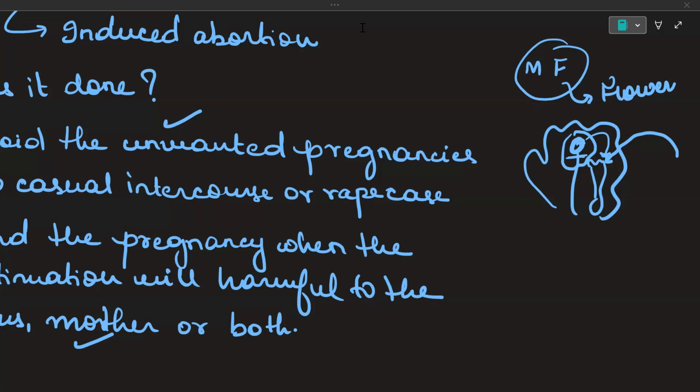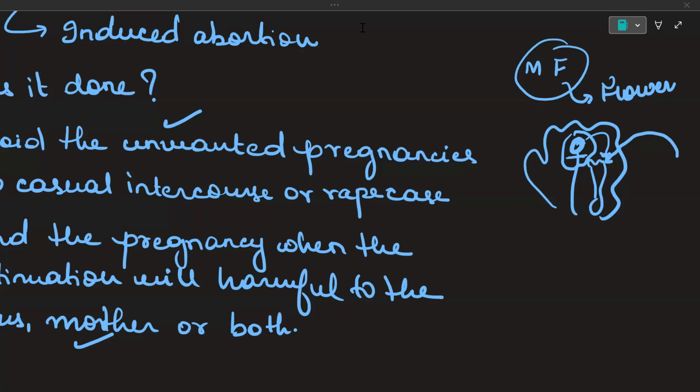And can you name the male surgical method or the female one? There are basically two surgical methods, one for male and one for female. The one for male is vasectomy, and the one for female is tubectomy. Correct.